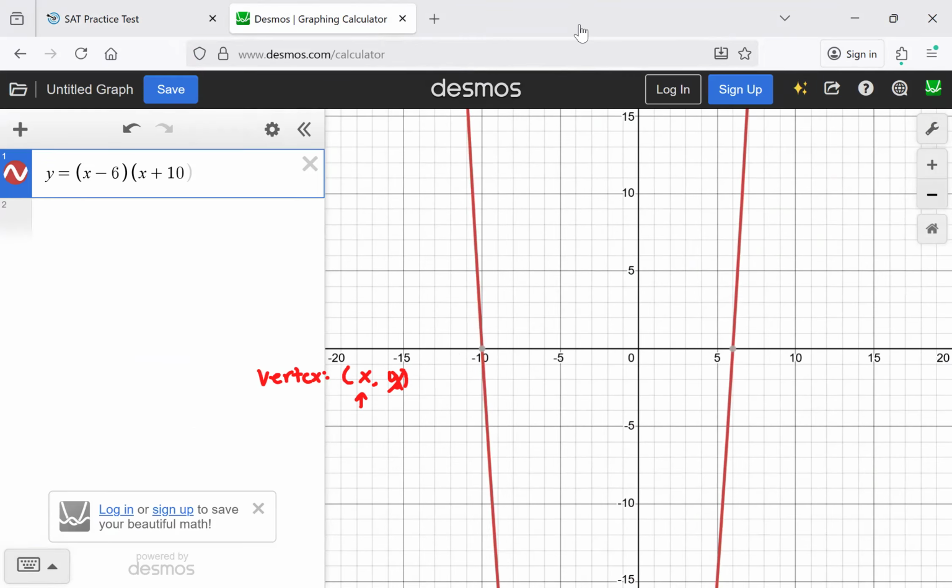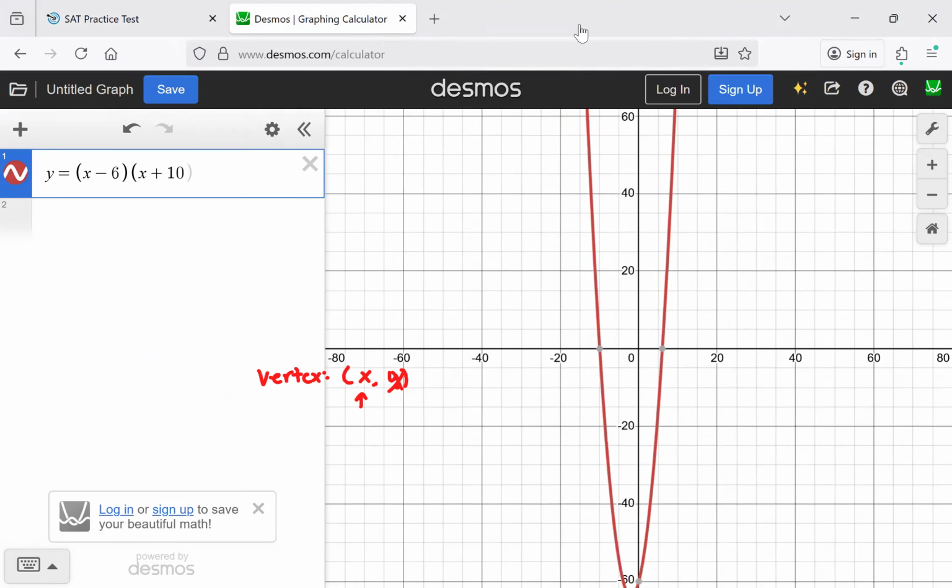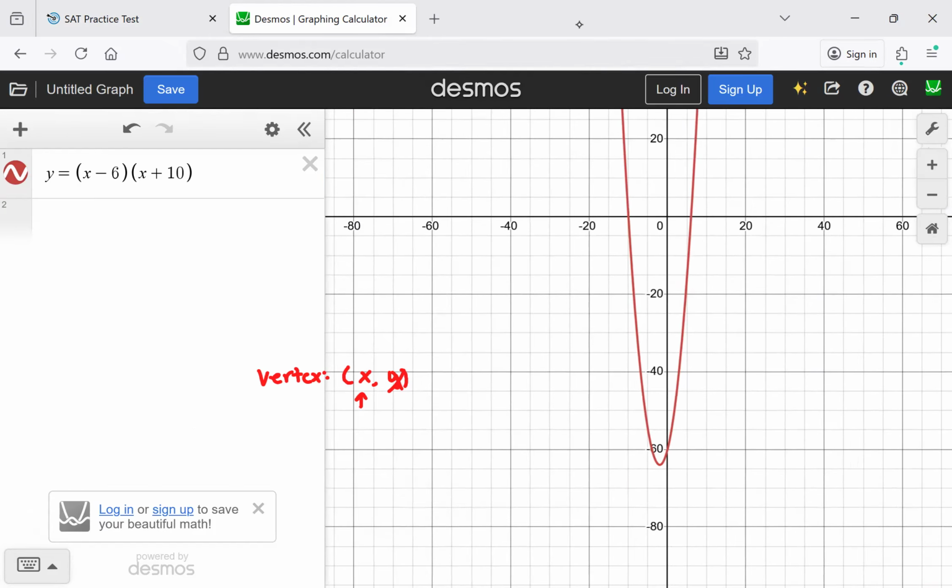Let me zoom out. They're asking where the vertex is, so it's either the lowest or the highest point. It's this point, and it's the x value, so it is negative 2. Okay, now let's go back to the test.